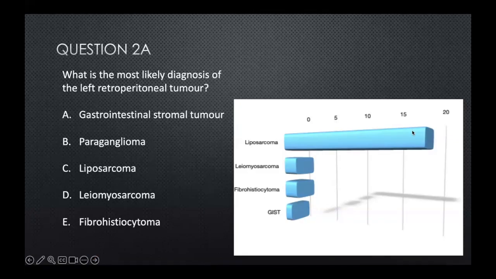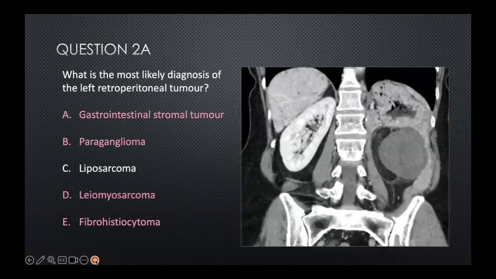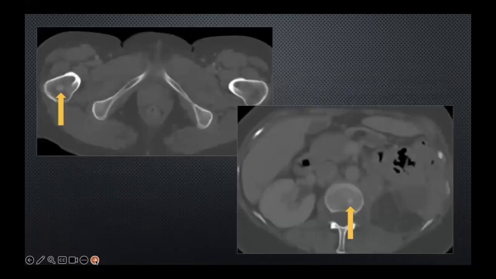The majority said liposarcoma, which is absolutely the right answer, because none of the other lesions are expected to contain any significant fat at all. The tumor was indeed a liposarcoma.